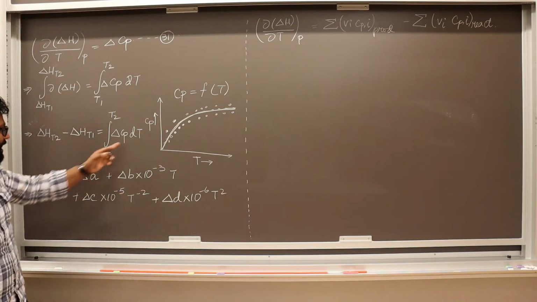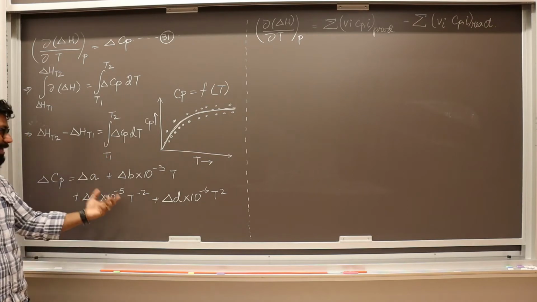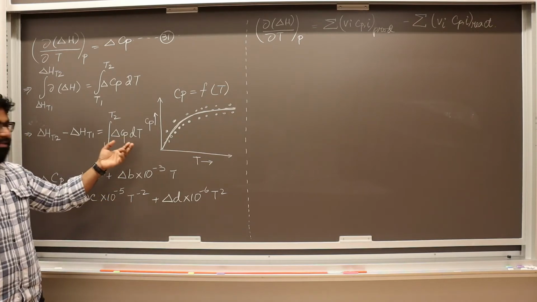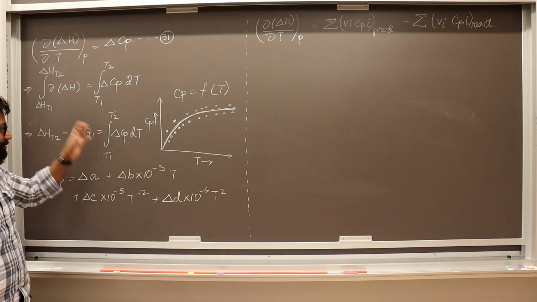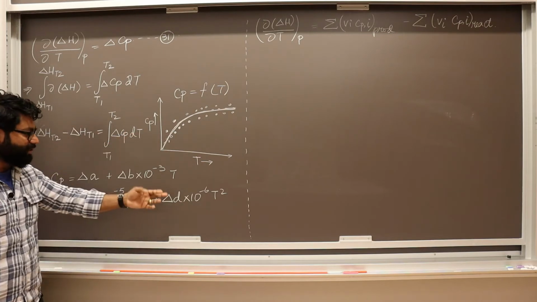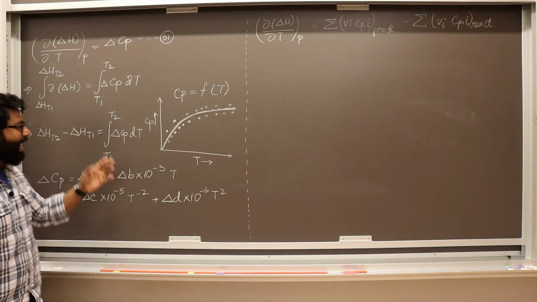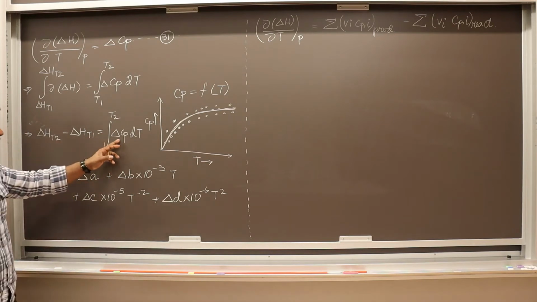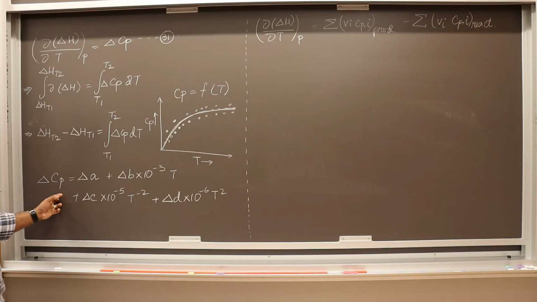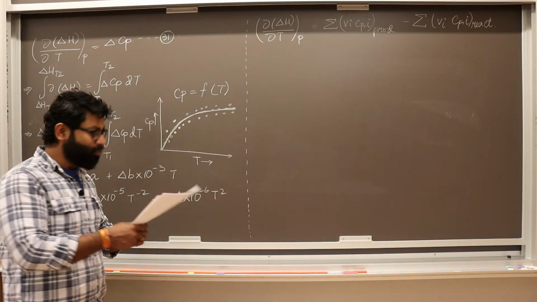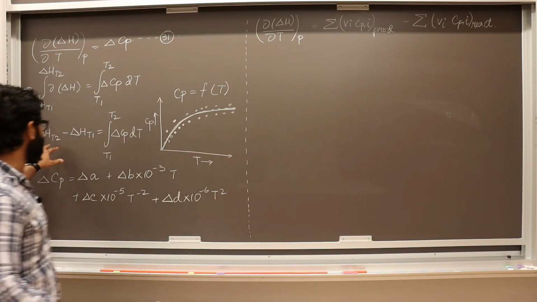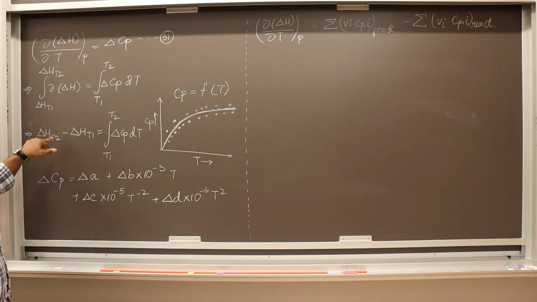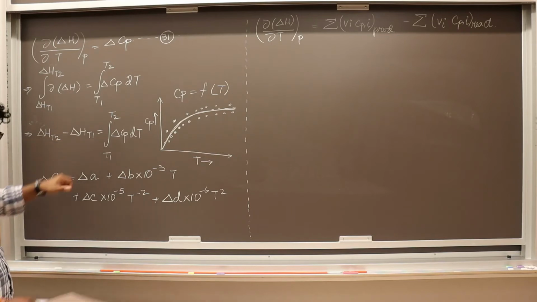Once you have this delta Cp substituted as a function of temperature, this integration becomes easy, because everything comes in terms of the temperature T, and then you can solve this equation. But in order to solve this, you first have to get this delta Cp. So this is how you do theoretical and experimental work together to actually get the change in enthalpies between two temperatures.